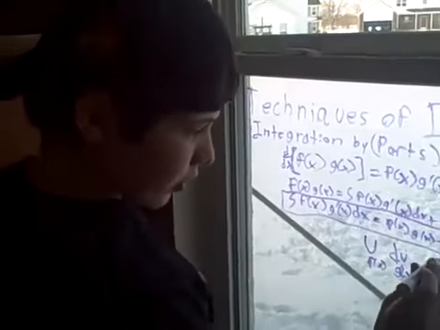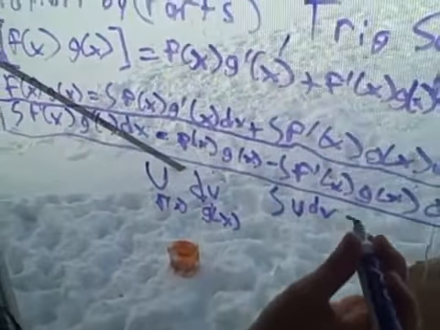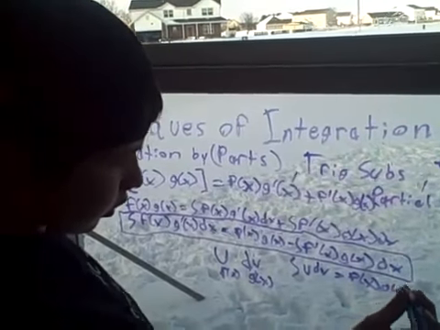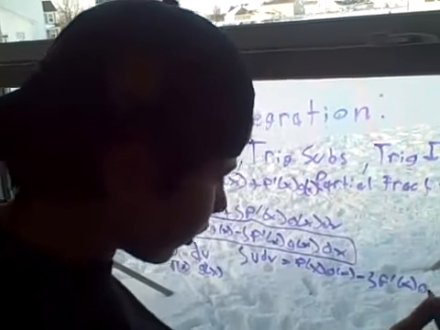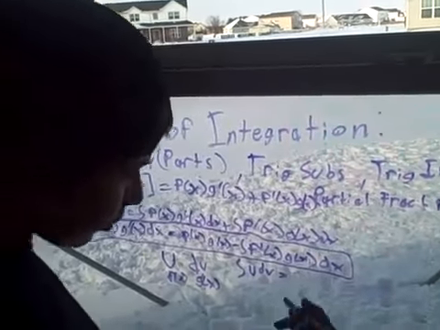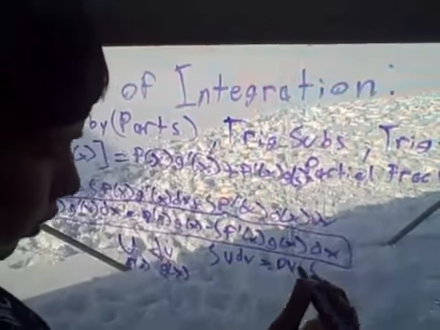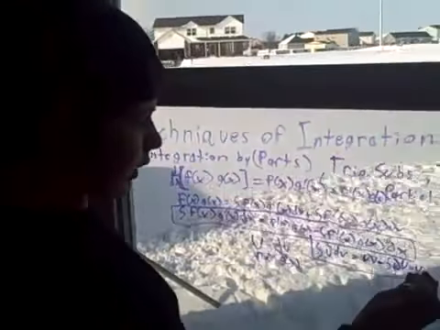So then we can replace this with integral of u dv equals uv minus integral of v du. So this is a lot less messy.